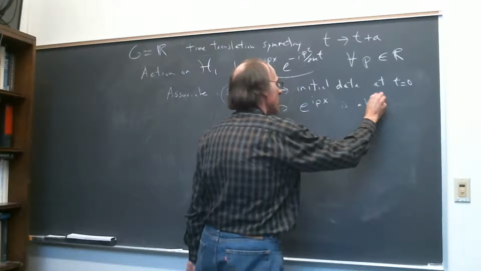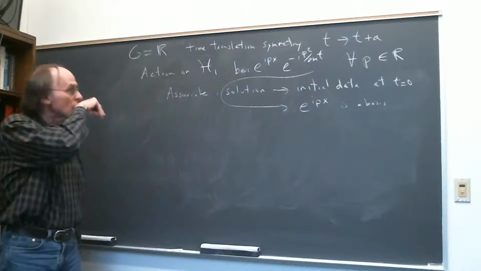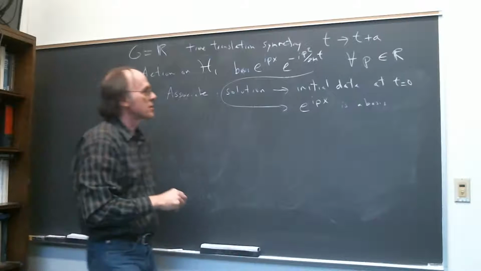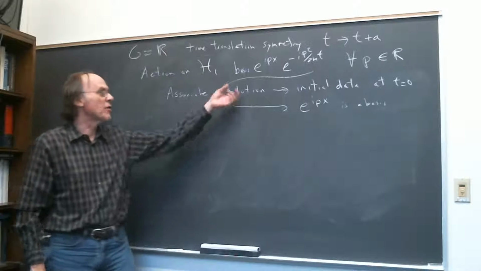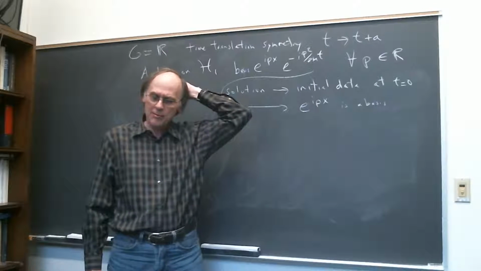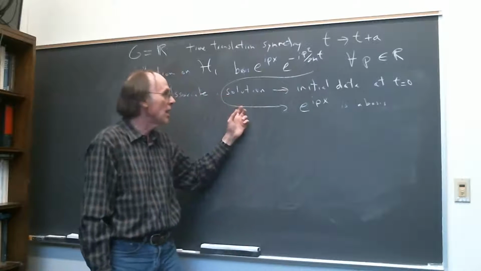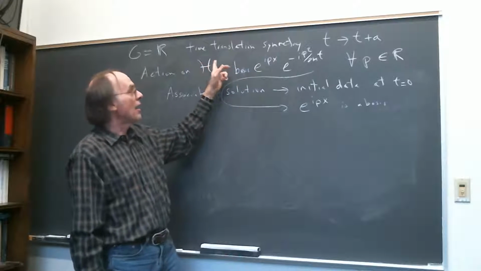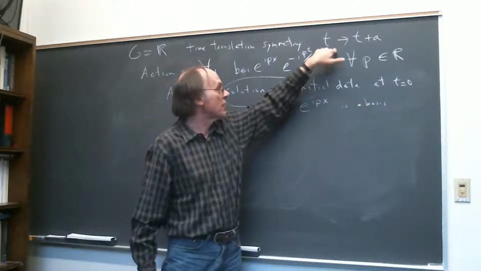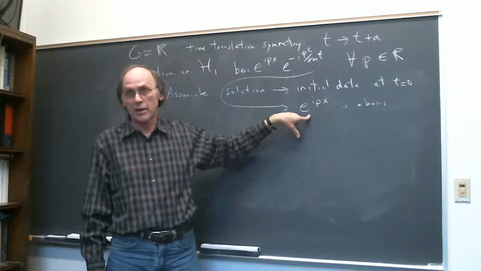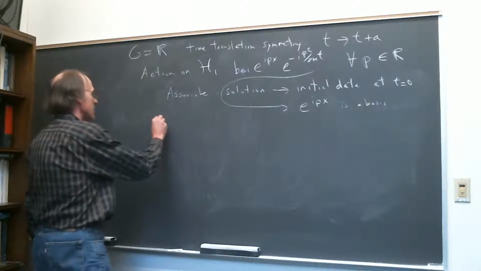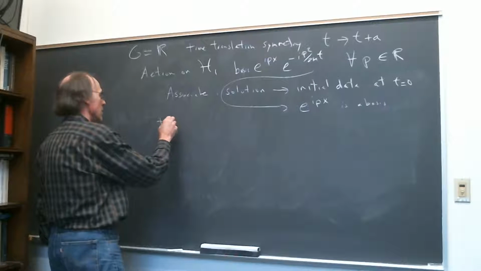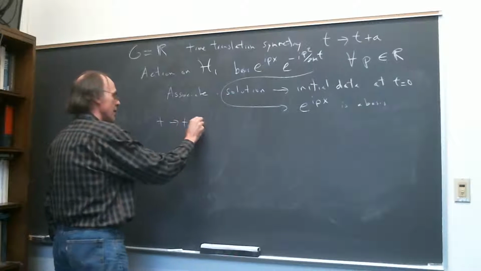But now this creates a little bit of a confusing situation. If you ask how do t translations act on this guy? T translations are t goes to t plus a.